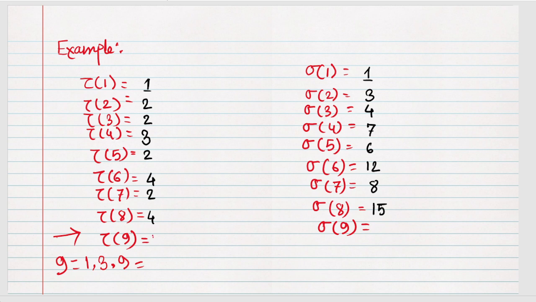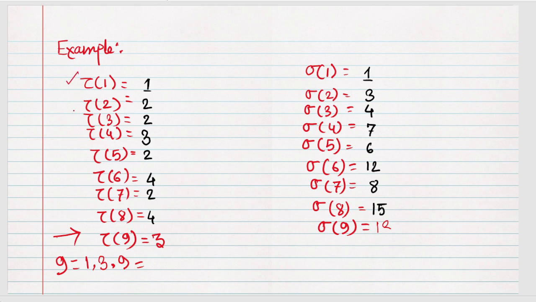And similarly, if we go to our sigma function, sigma of 9 will be the sum of 1, 3 and 9, that is 13.